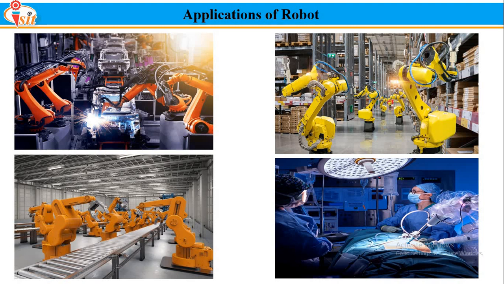Here the robot is lifting a workpiece. The third image shows a robot doing its application on a particular assembly line. The fourth picture shows a robot doing a surgery. In surgery also we are using robots. Some knee replacement surgery, dental surgery, heart surgery, brain surgery, robots play a vital role.